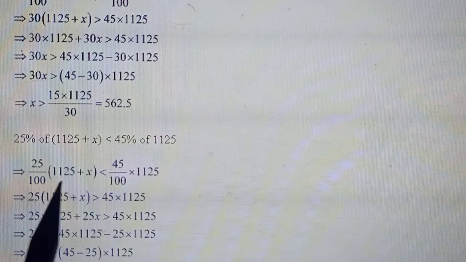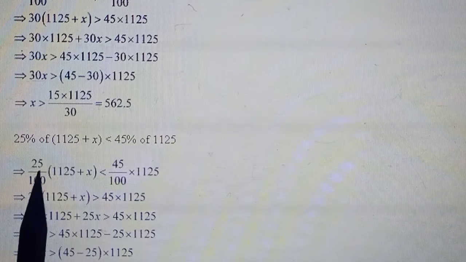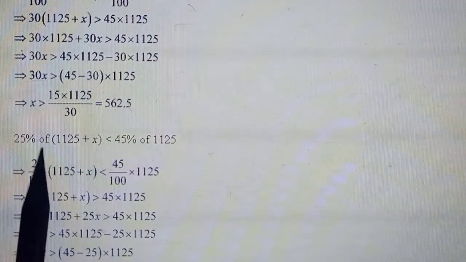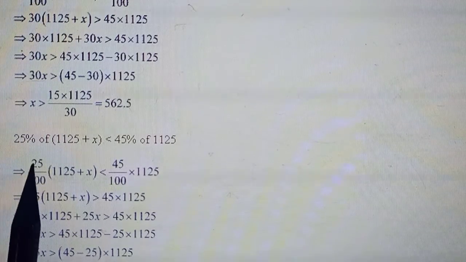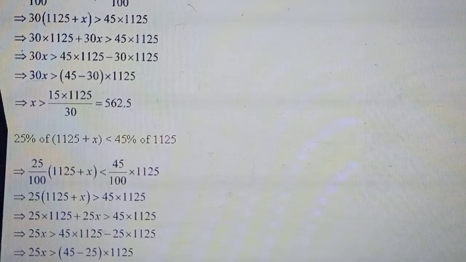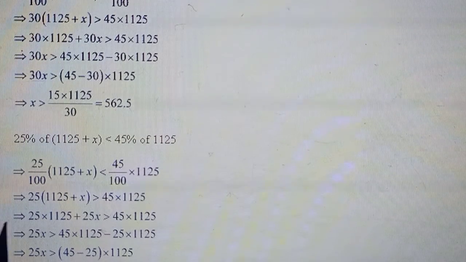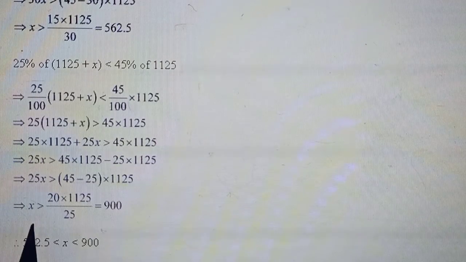This is all you have to understand: we already had this much acid, and this much water got mixed in, so this is the total mixture whose strength is as given. Lower limit was 25%, so take it as 25/100. Upper limit was 30%, so 30/100. Then work it out again for x, and from here x is coming as 900.